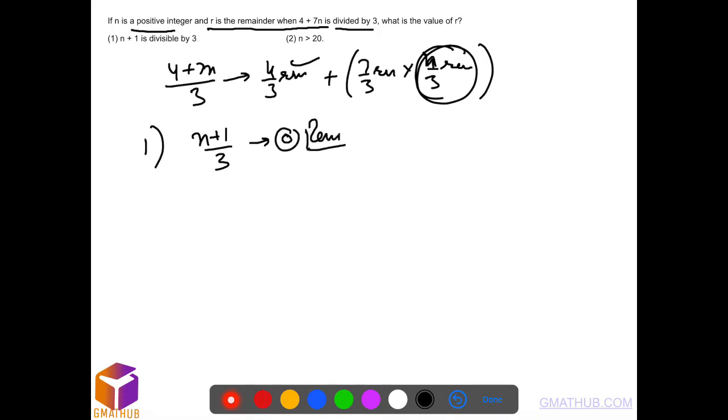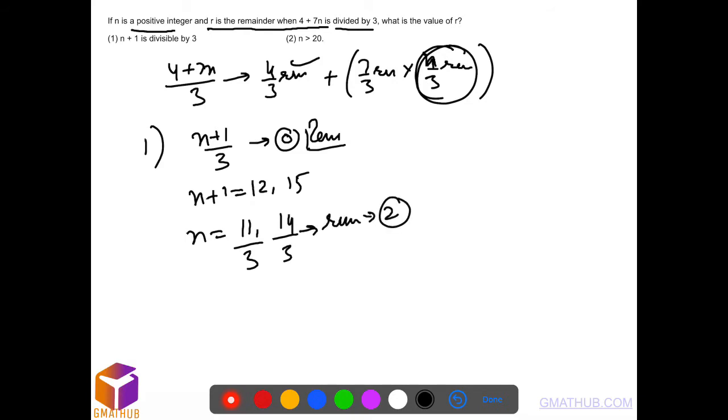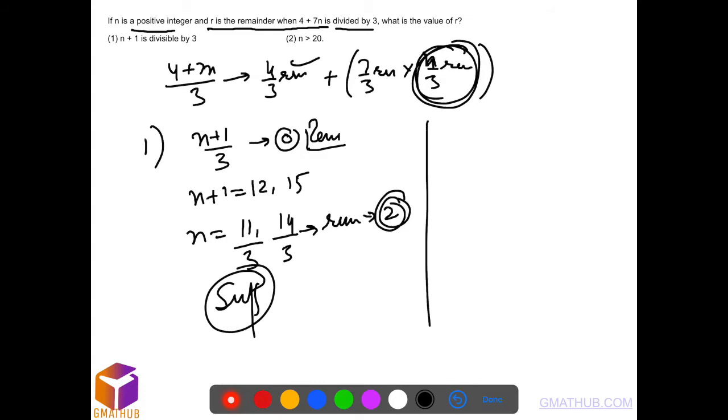That means n plus 1 can be a number like 12 or 15. Okay, so n will be a number like 11 or 14. So divided by 3, remainder in all cases here would be 2. Okay, try with any number. That means n by 3 remainder is known to me, so this is sufficient.